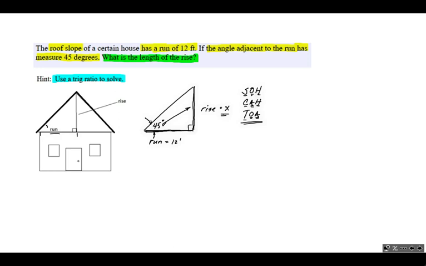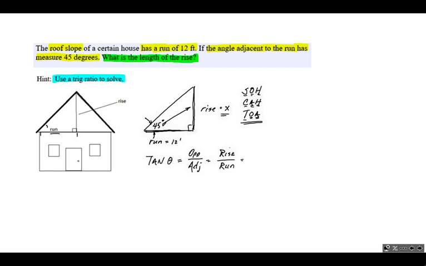Just to write this a little more descriptively, the tangent of an angle is equal to the length of the side opposite over the length of the side adjacent. We know in our problem that the side opposite is our rise. And we know that the side adjacent is our run.